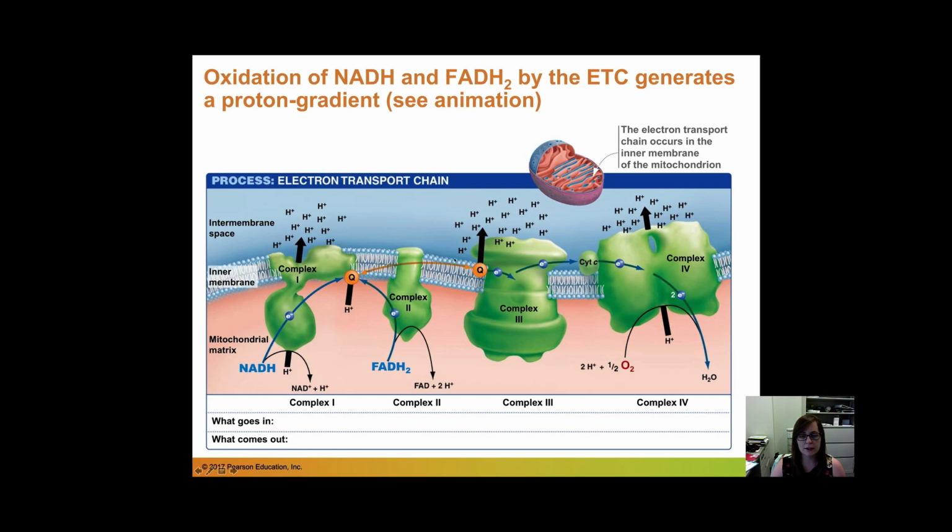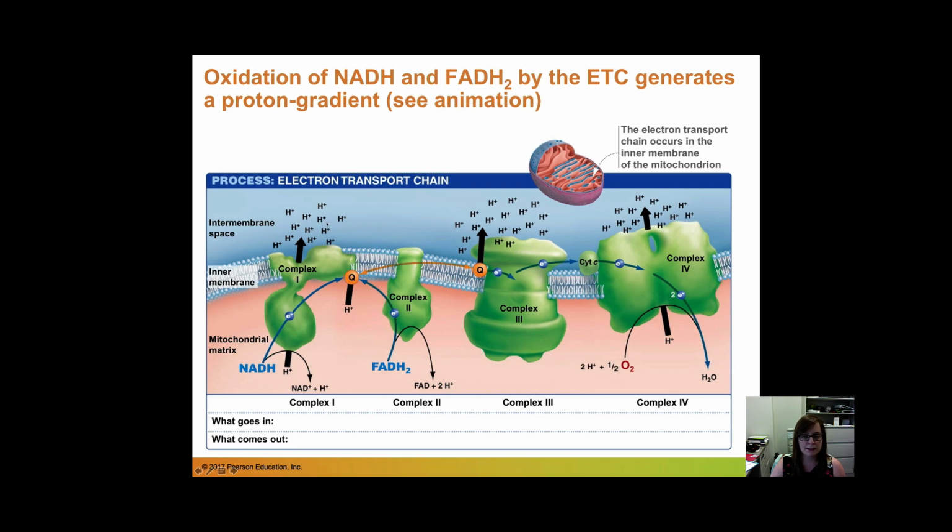Okay, so every time you have an oxidation reaction, it intermittently raises the potential energy of these complexes until those complexes get oxidized again, and it uses that energy released from oxidation to pump protons.